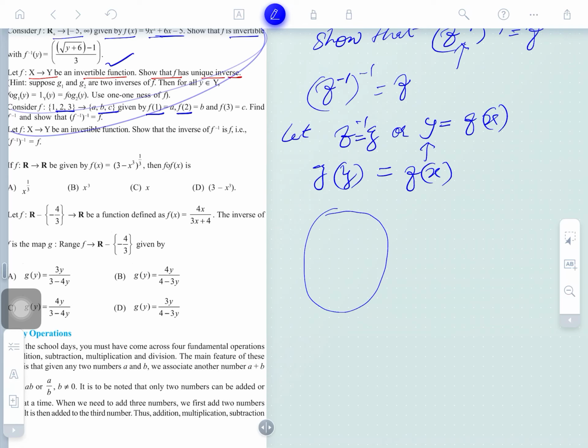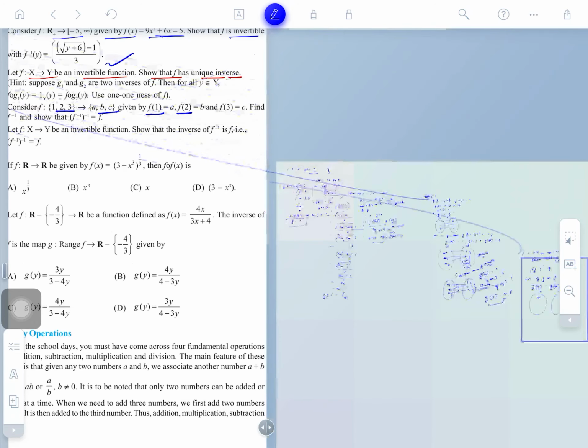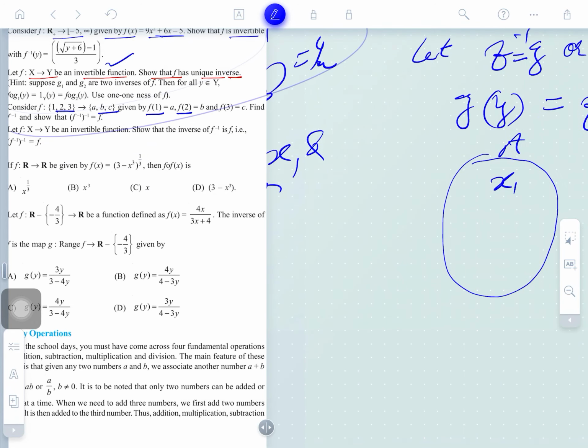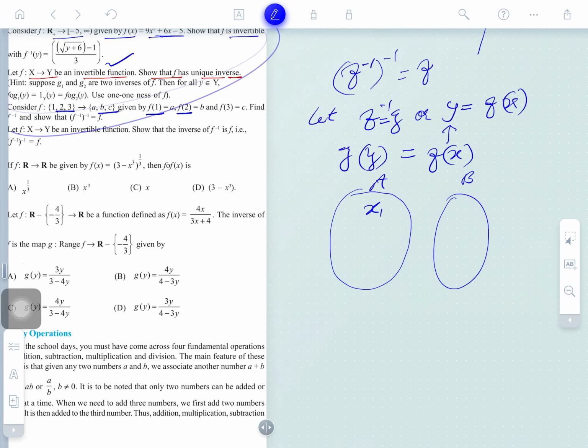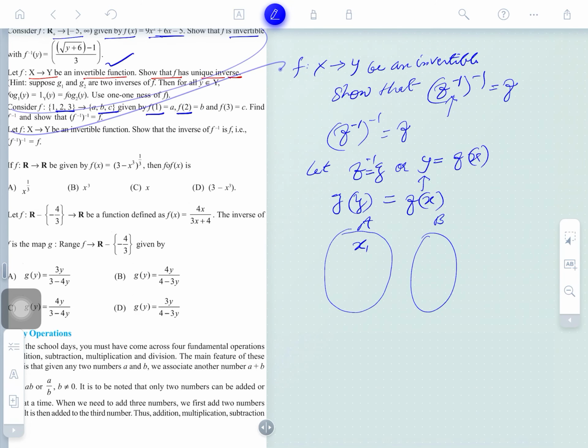Is that clear right now? So you may see it's a, it's b also, right? It's x1 under the function, sorry. Let this be under the x function, it's y1 also.